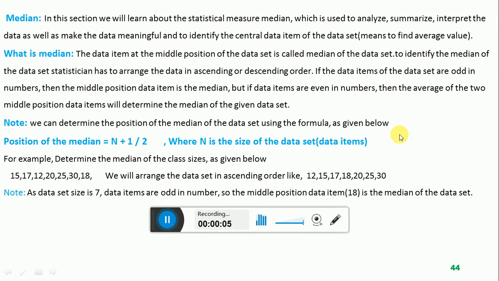Today we will discuss another descriptive statistical numerical measure: median.